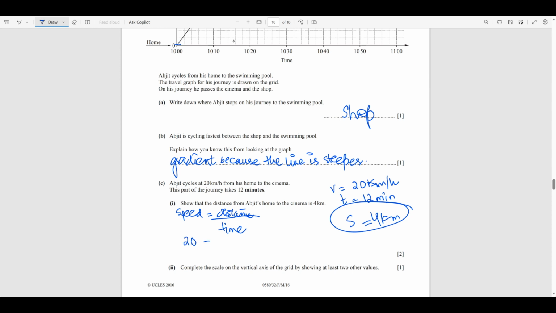If I'm using the same 20 kilometers per hour, that means the distance I will get will be in kilometers if my time is in hours. So 12 minutes basically is 12 divided by 60 hours, right? So this will go there to multiply. So S is equal to 20 times 12 over 60. So this is 3 and then this is 4. So my distance is 4 kilometers, shown.